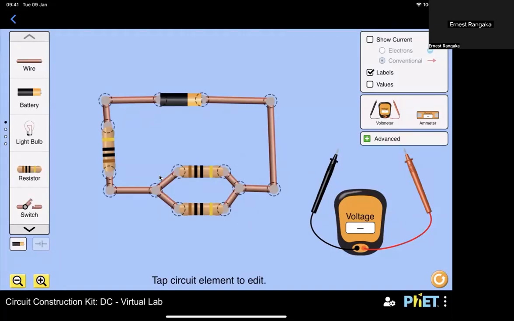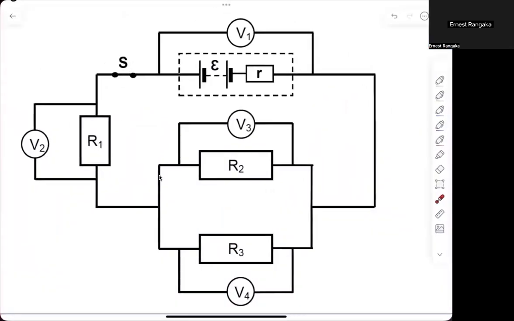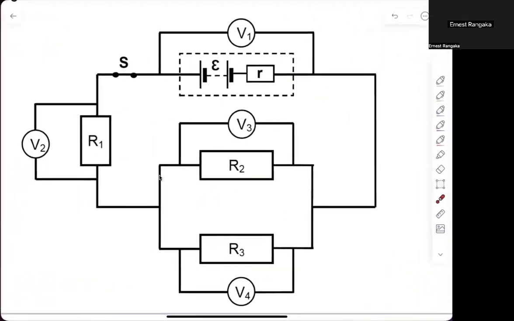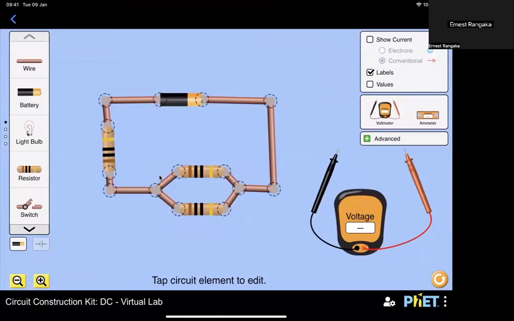Cool. So here I've redrawn that diagram. Remember, there's R1, and then you've got R2 and R3 in parallel. On my left-hand side I've got R1, then R2 over here, and R3 at the bottom over here.